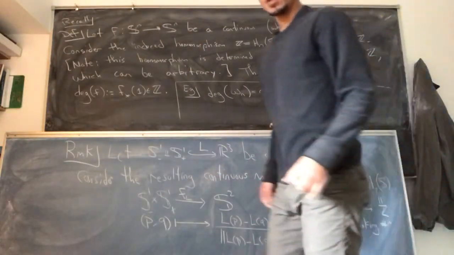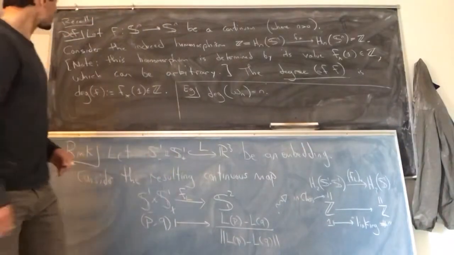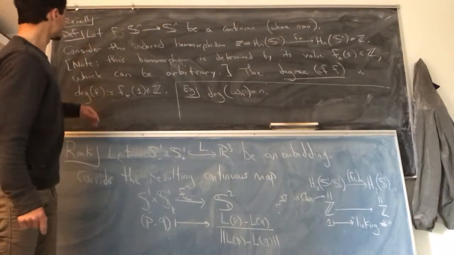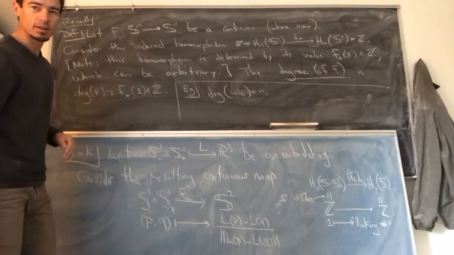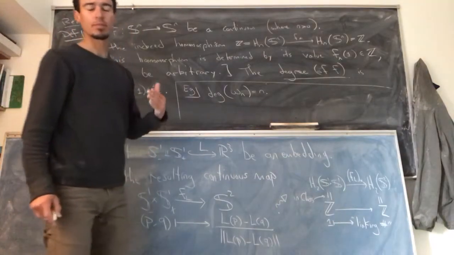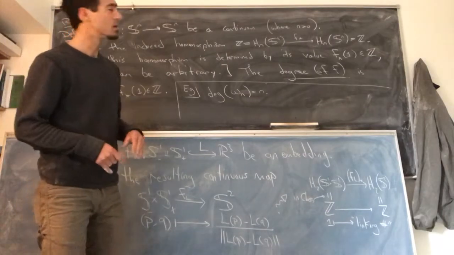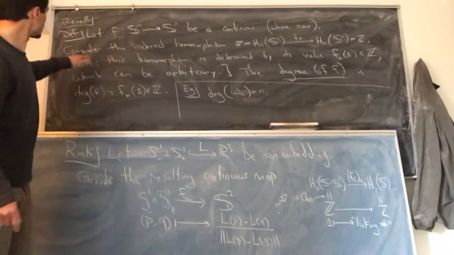Okay, so remember at the end of class last time, we defined the degree of a continuous map between positive dimensional spheres. So here's that definition again.